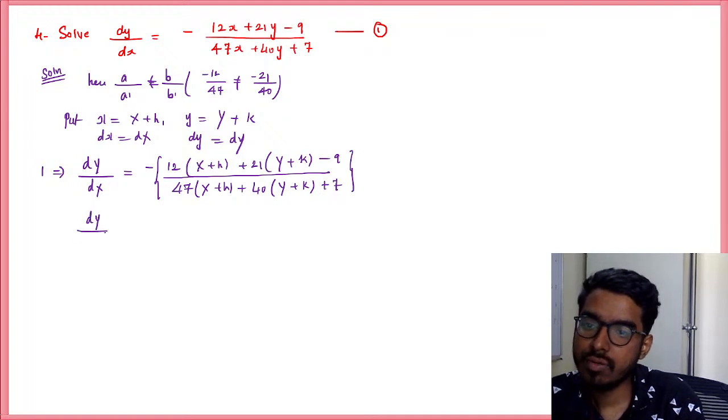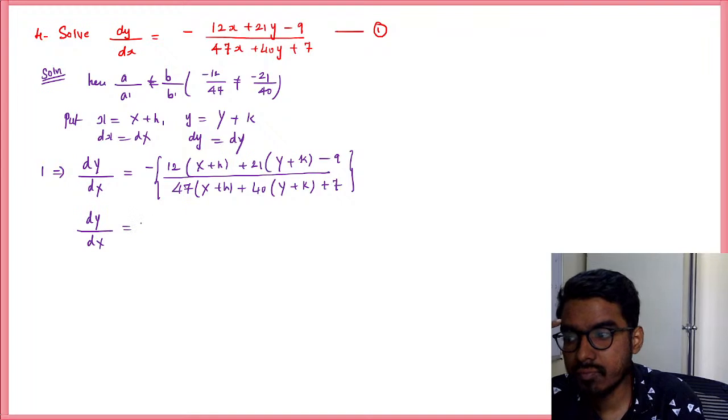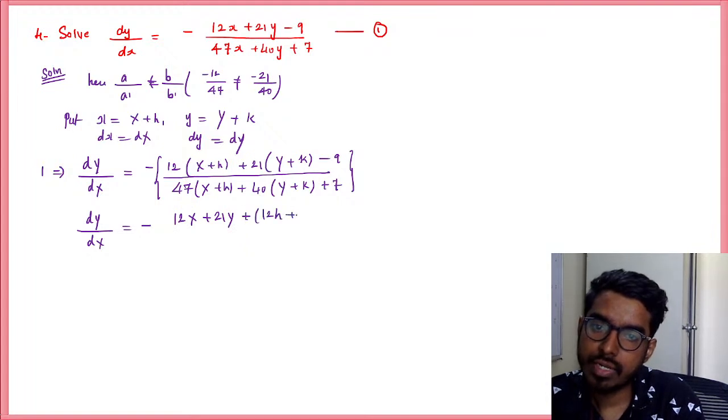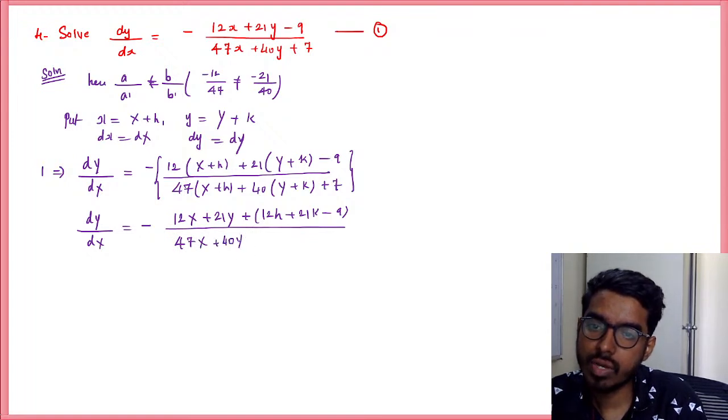So we will have dY by dX equal to minus of (12X plus 21Y plus 12h plus 21k minus 9) divided by (47X plus 40Y plus 47h plus 40k plus 7).